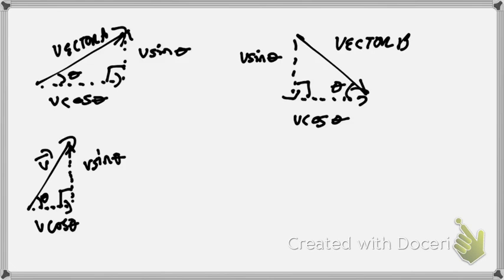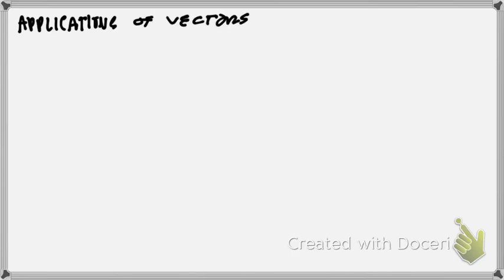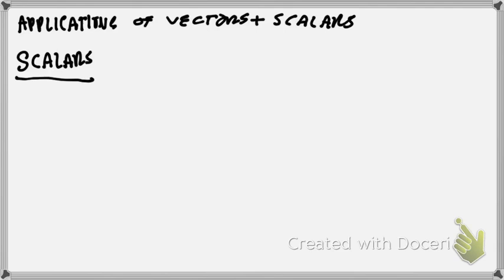All right, so now let's look at some applications of vectors and scalars. Let's look at some scalars. Scalars would be distance and speed.